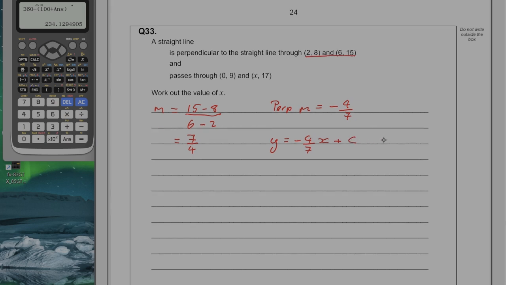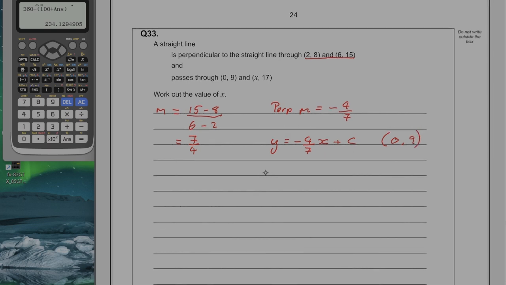And we know that it passes through the point (0, 9), so that's nice because that actually gives us the intercept. So our equation of our line is going to be y is equal to minus 4 over 7 x plus 9. And we want to work out the value of x when y is 17.